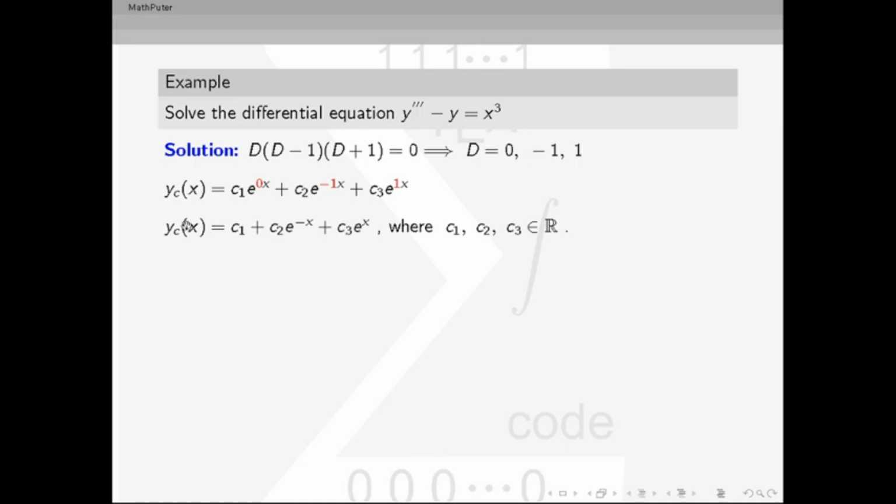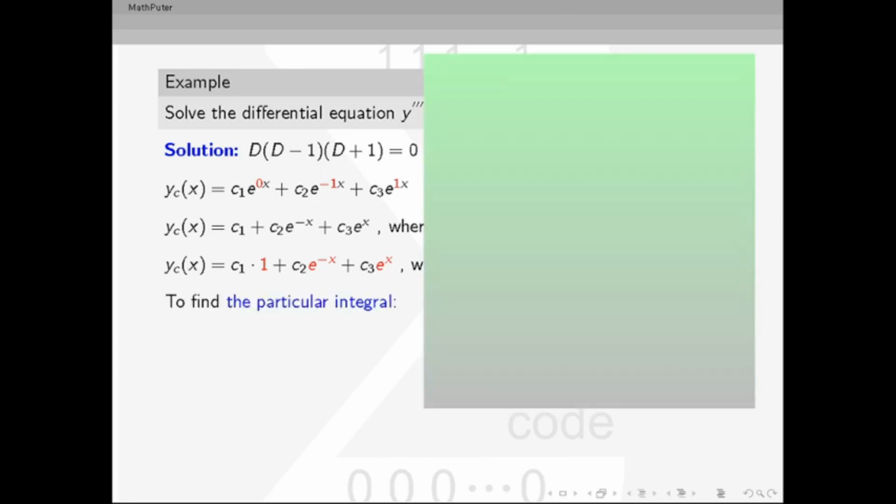Okay, so this is the complementary solution, but I represent it by this. I want a little bit of discussion on this, that's why I'm writing. Otherwise, this is not the important step. So I'm representing this c1 as c1 into 1, the function with red color. Likewise, this e raised to x. Now go for the particular integral.